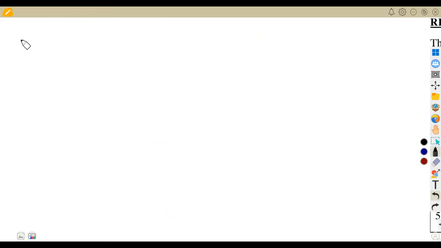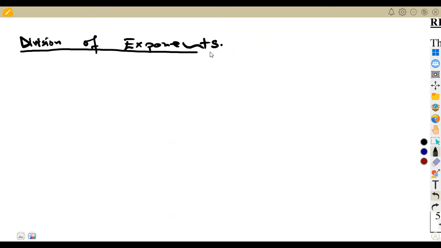All right, let's say we've got a division of exponents. Again, it is on the simplification. You will be asked to simplify.